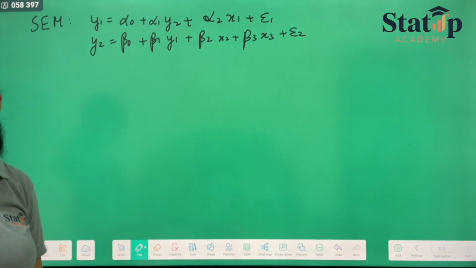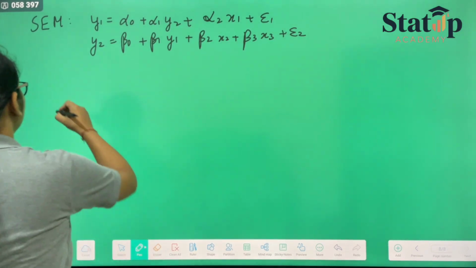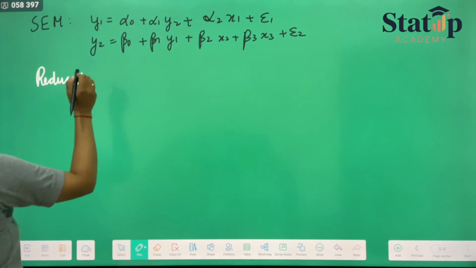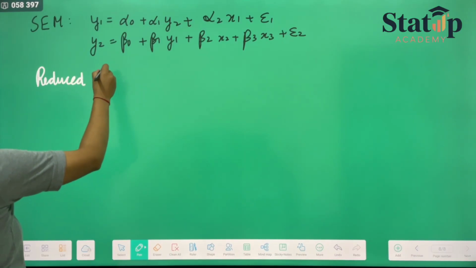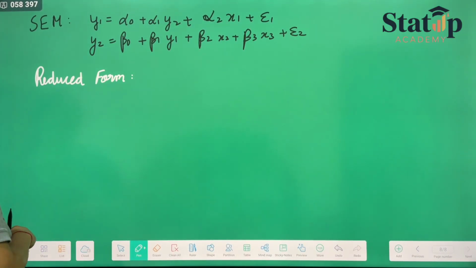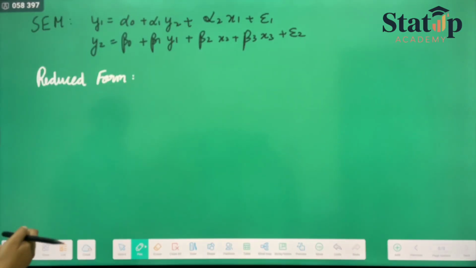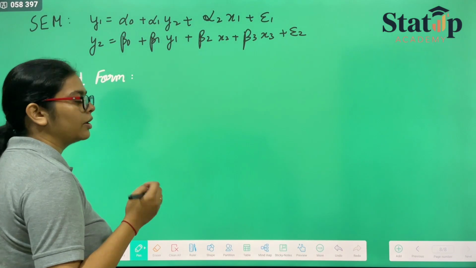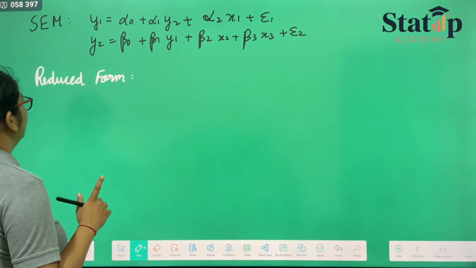Now, what will we do? We will first convert it into reduced form. So, reduced form, we have taken the similar example as we did yesterday. So, it can be converted into reduced form as it is exactly identified. Both equations are exactly identified. You can solve this in your notebook by your own. We are not doing it again and again.